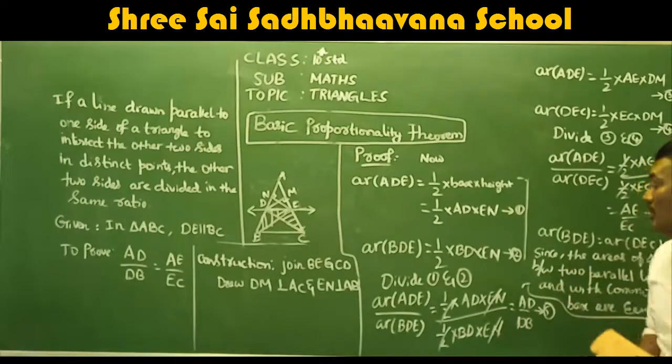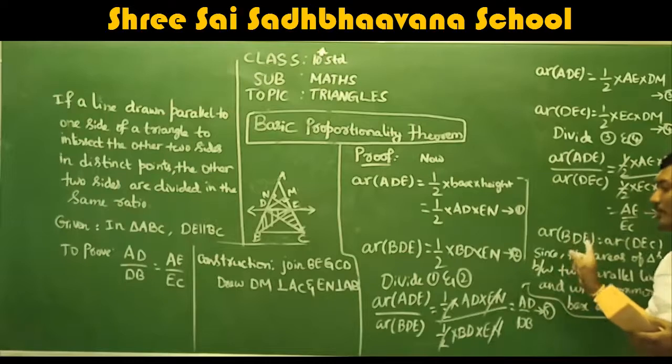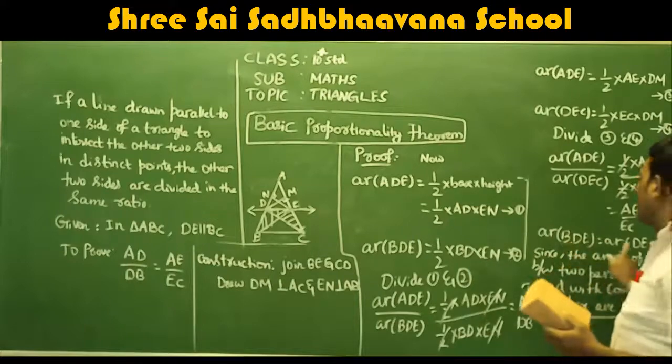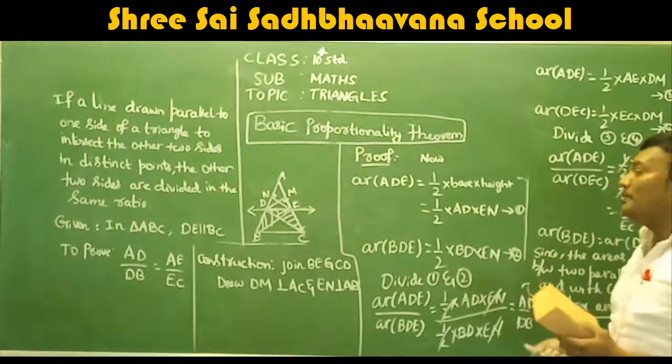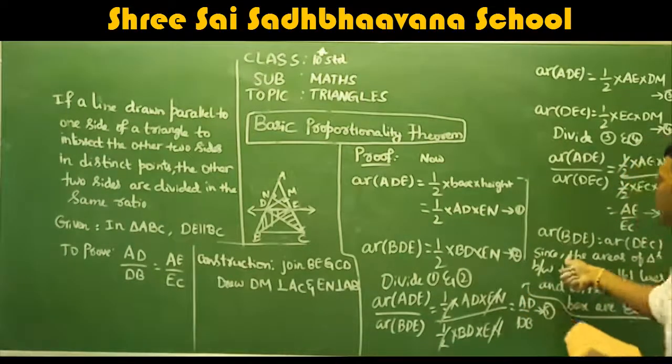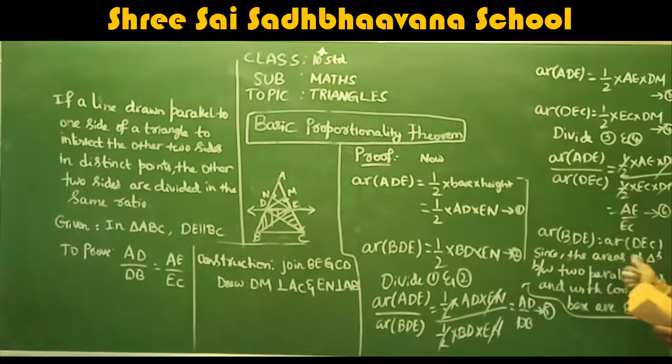Okay. So what are the triangles here? Area of triangle BDE and area of triangle DEC. These two triangles are between two parallel lines. So since the areas of triangles between two parallel lines and with the same common base are equal, remember, DE is the common base for both, correct? And these are between two parallel lines.